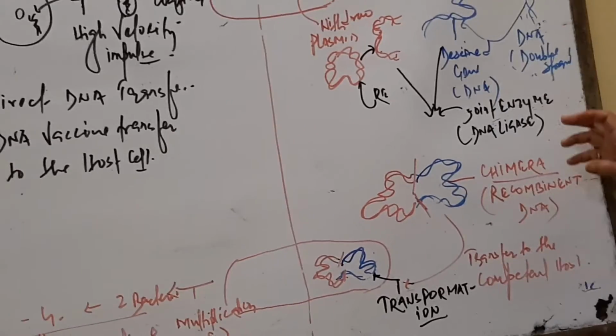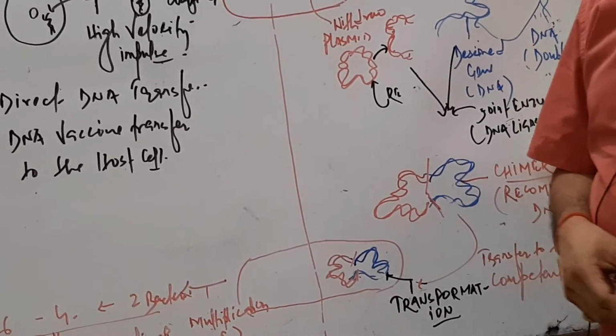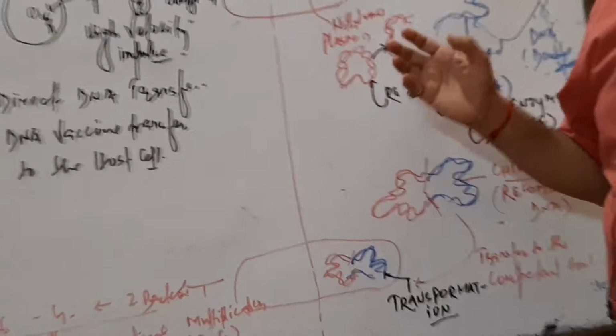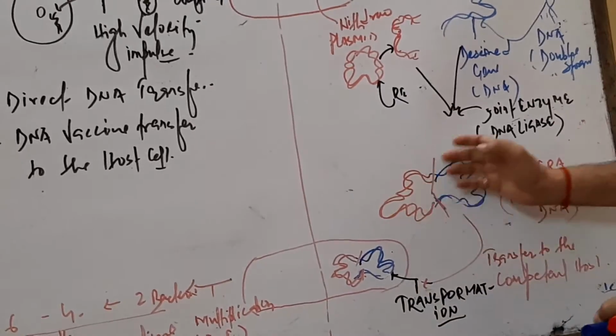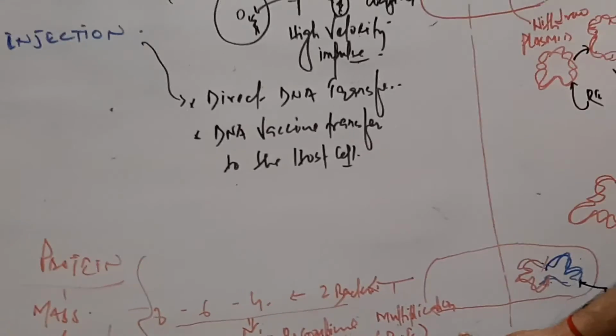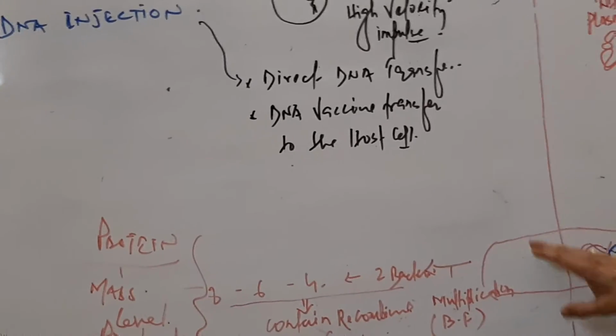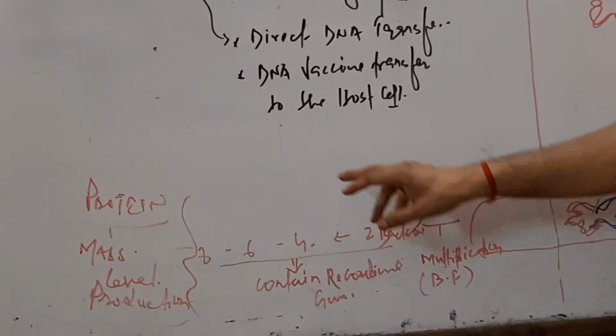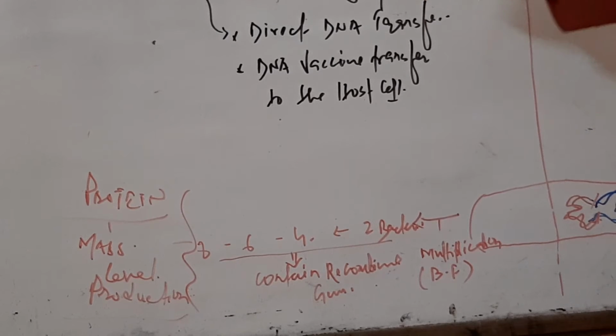Then the chimera is introduced into another living organism through the process of transformation, and this is called the competent host. The competent host multiplies after introduction, through binary fission. In the case of bacteria, it multiplies 2, 4, 8, 16, and so on.